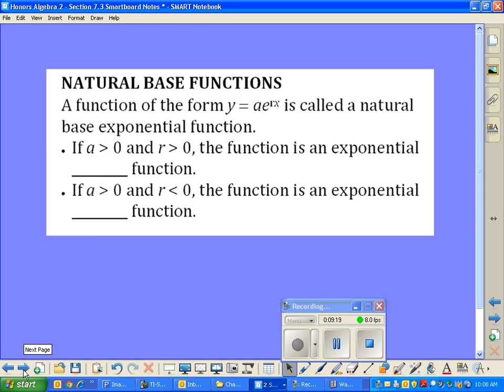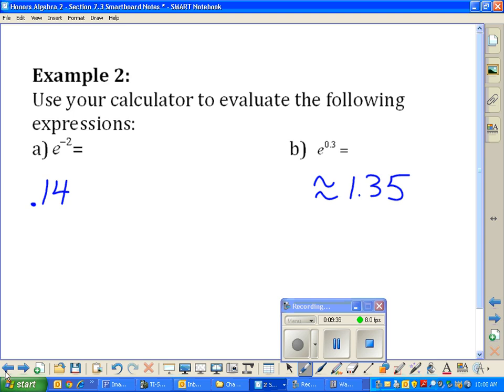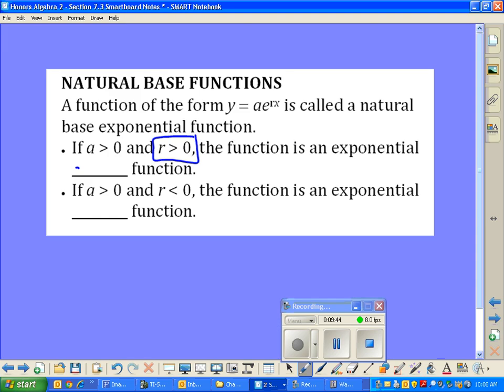We could still have exponential growth and exponential decay with a base of e, but you've got to look at the exponent to figure out which one's which. If your exponent is a positive number, just like in the example back here, you got a b value ultimately that was going to be bigger than 1. That's going to be an exponential growth function.